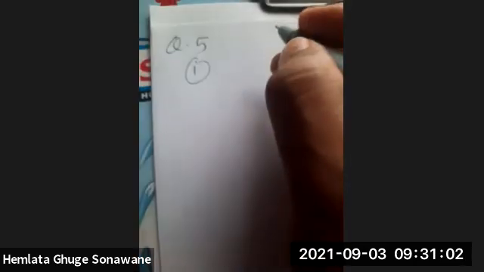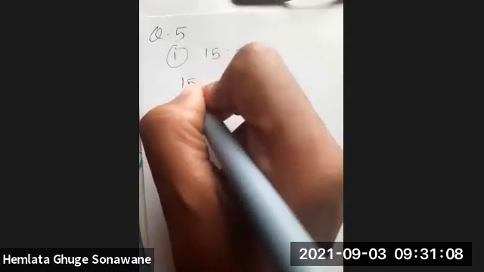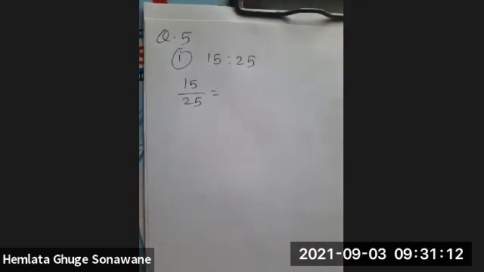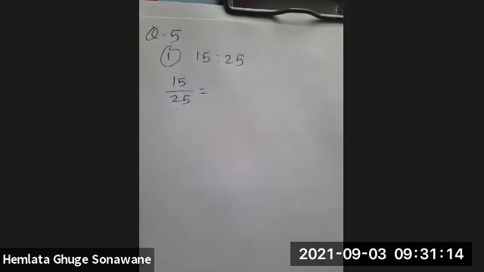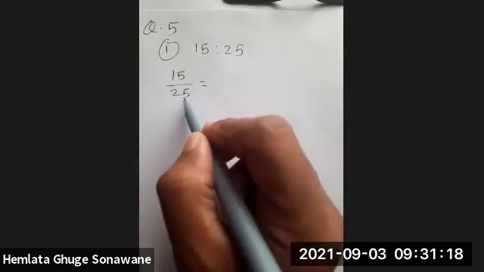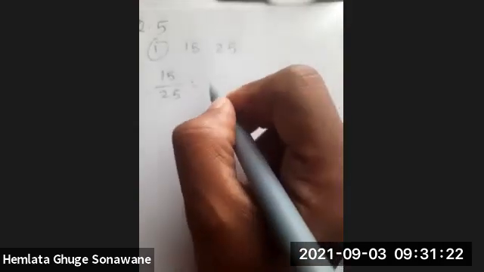Question 5, first one, that is 15 as to 25. That is 15 upon 25. Now we have to find the ratio in percentage form. So we have to multiply 25 by the number which gives 100.